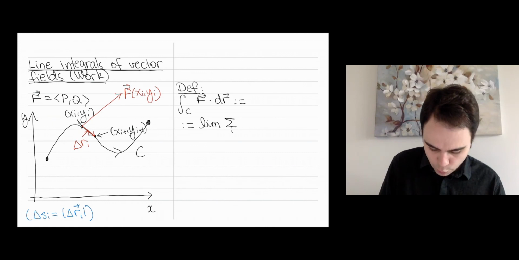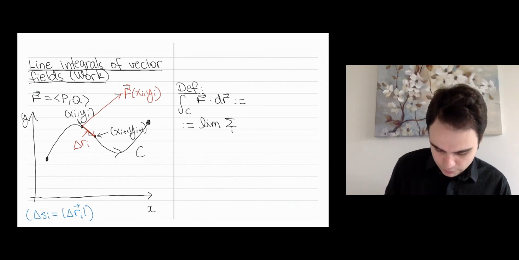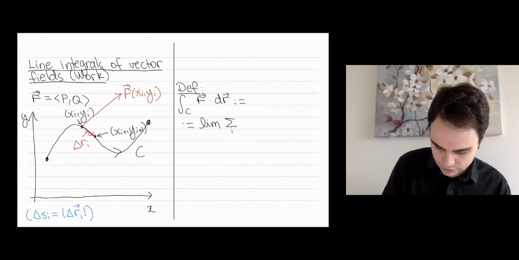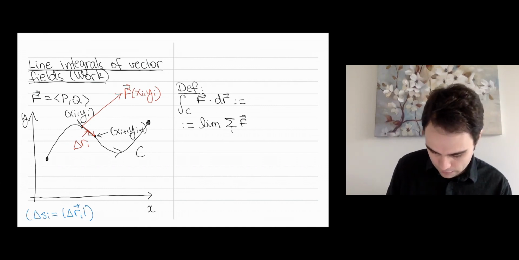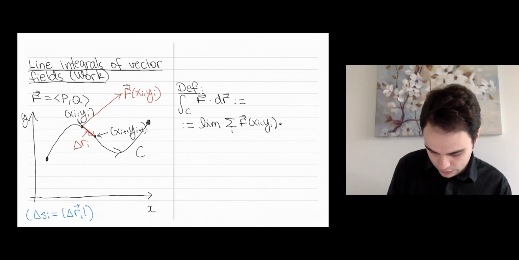So we're doing a Riemann sum. For each point in my subdivision, I'm going to take the dot product of F, the vector field, evaluated at the point xi, yi, with the displacement vector, delta Ri.